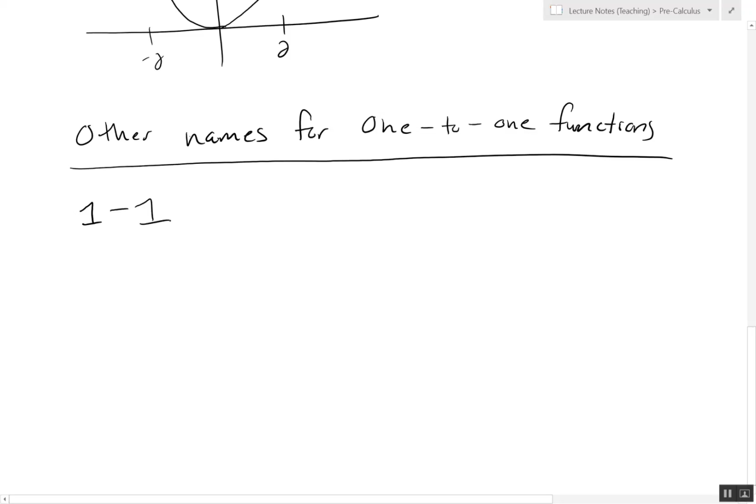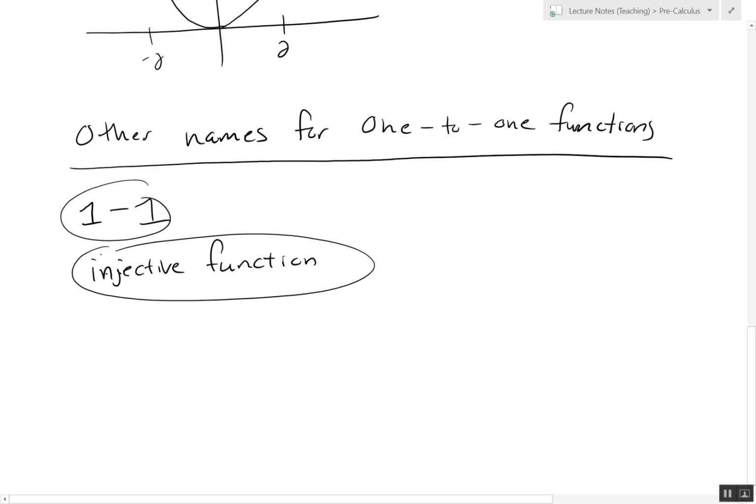But another very common term, usually used in higher mathematics, but sometimes talked about in college algebra textbooks, is injective functions. So if you see this expression here, or you see the phrase injective function, those are the same thing as a one-to-one function. So just in case you search on the internet, those are all the same thing.